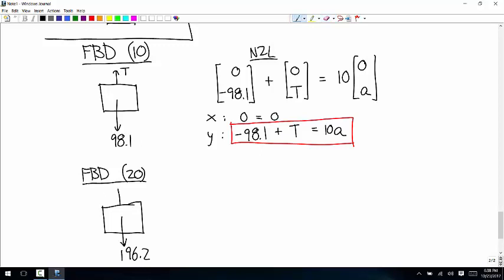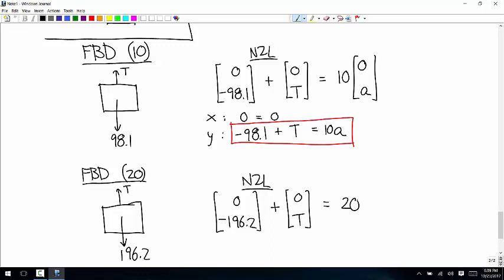And the cable applies an upward force of T. So Newton's second law says 0, negative 196.2 plus 0T is equal to the mass times the acceleration vector.